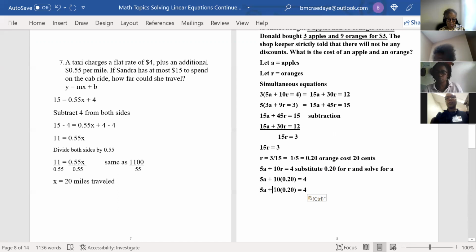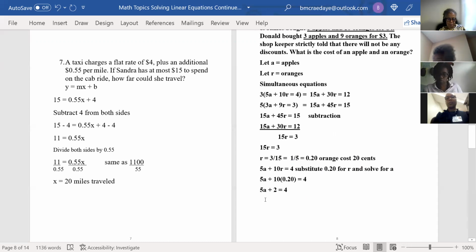No, it's $2. Remember, Maureen, this is tenths, this is not 20. It's a decimal, tenths. So that's going to be 2. I see.